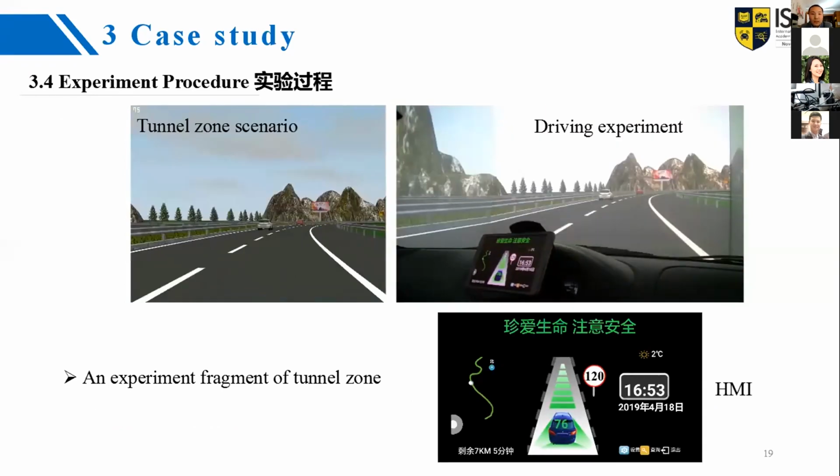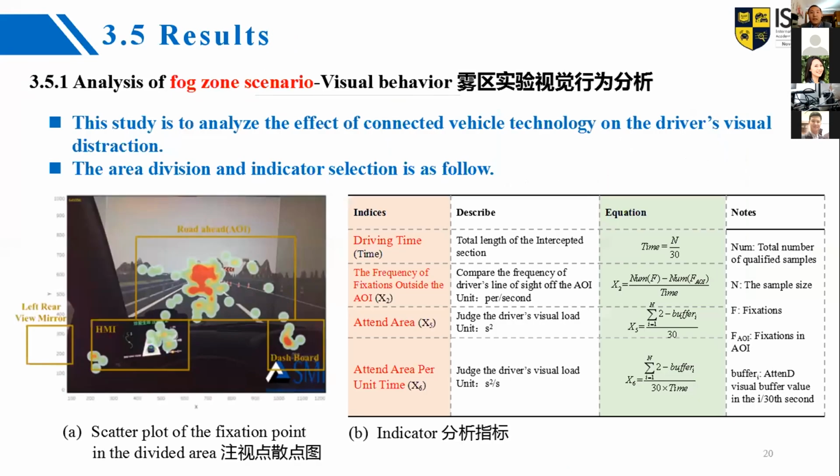Okay, let's go on. Here is the result. For the fog zone scenario, we analyze the visual behavior, the area deviation, and the indicator selection is as follows. The left picture shows the fixation points in the divided area.